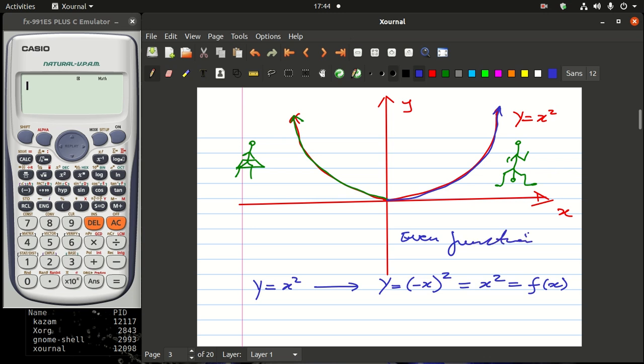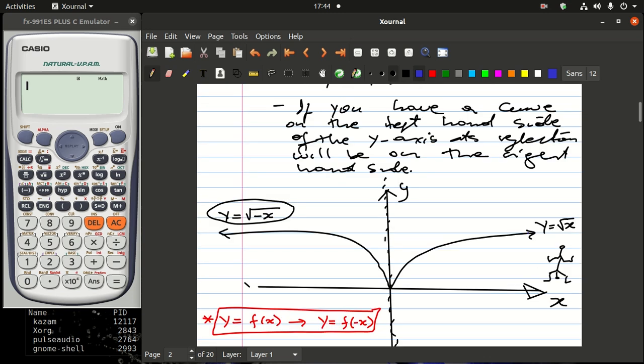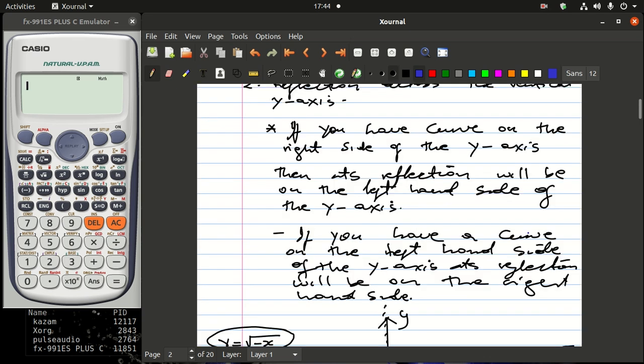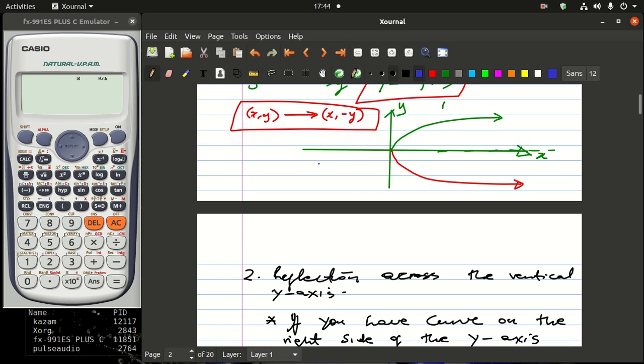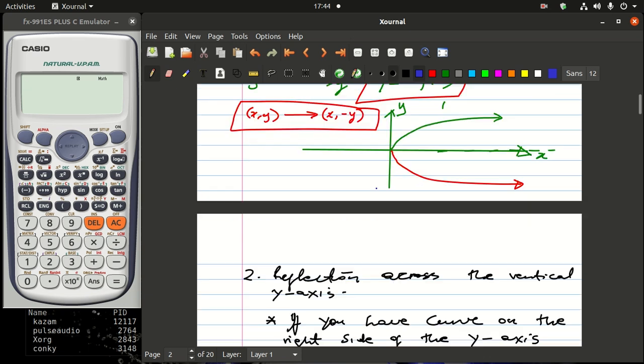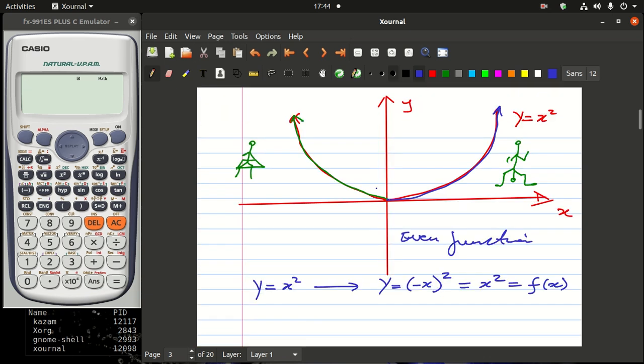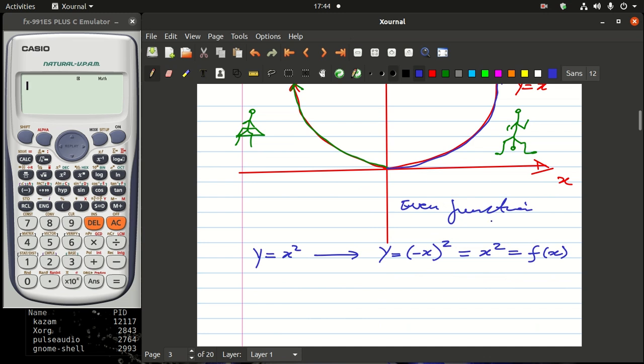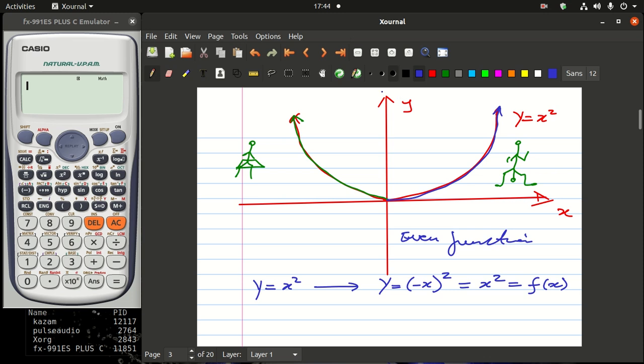That's what is important about the reflection across the y-axis. We've talked about this. It has nothing to do with even functions or even symmetry. An even function always has an even symmetry. In other words, if I were to cut this curve here, take this side and place it on top of this side, this part here will overlap on top of that, or it will sit on top of this curve here.